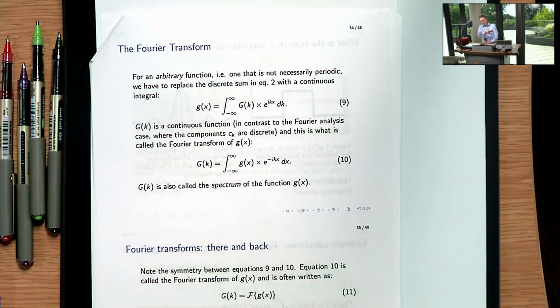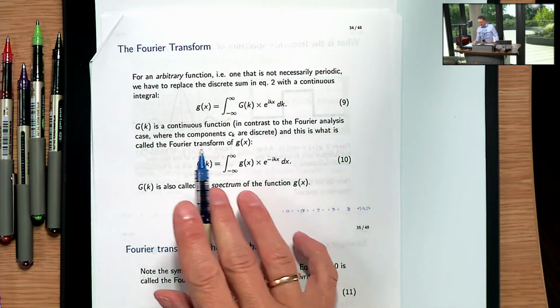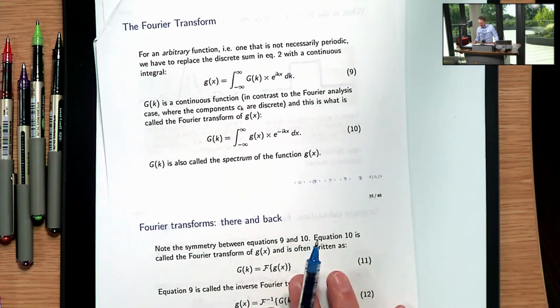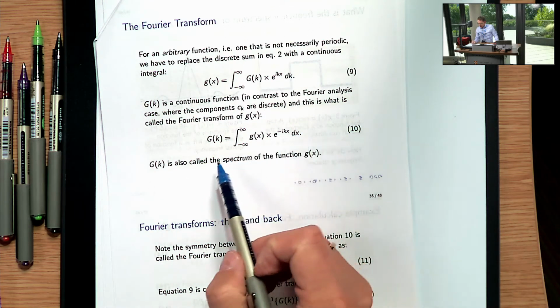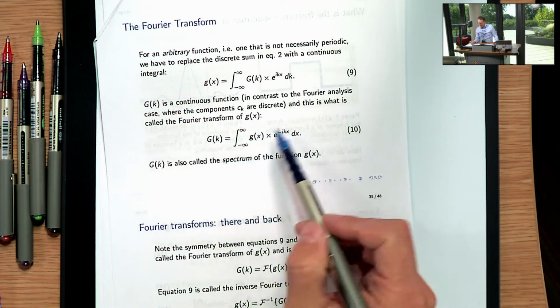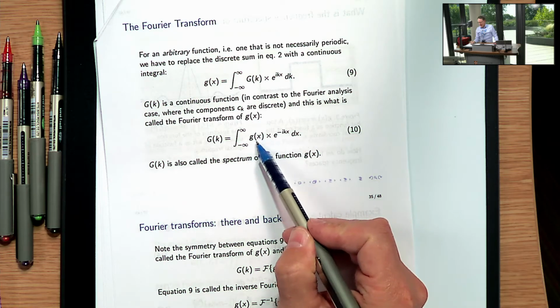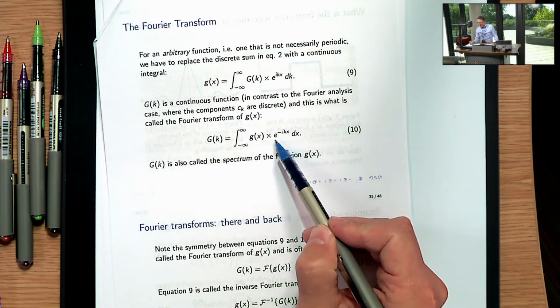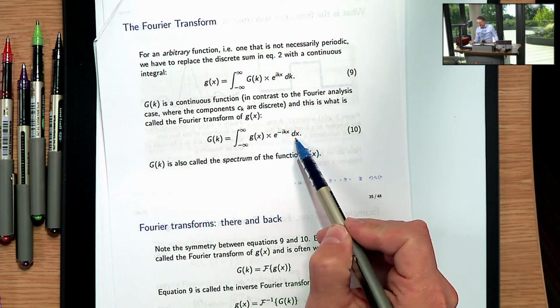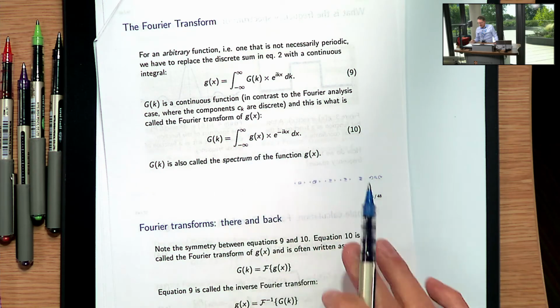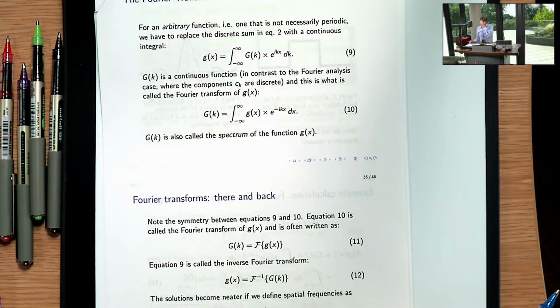But here you have a continuous spectrum, a continuous integral. And the inverse of this operation, getting the spectral components g of k, is taking any function and multiplying with e to the minus ikx dx to get the spectral contents back.